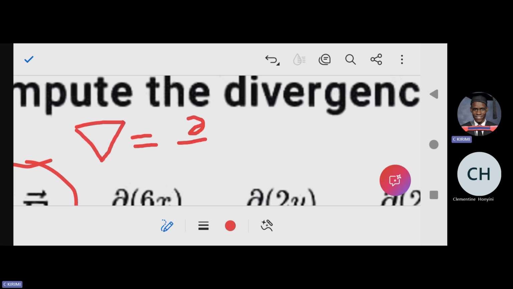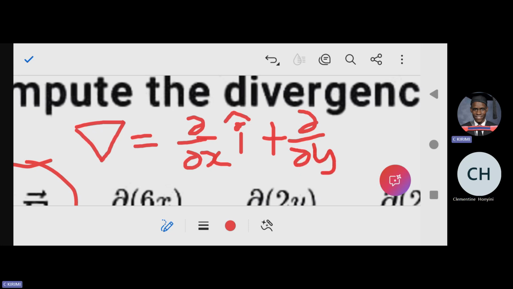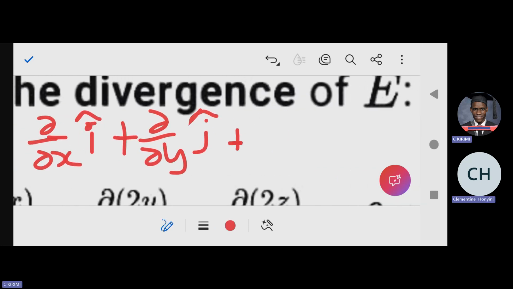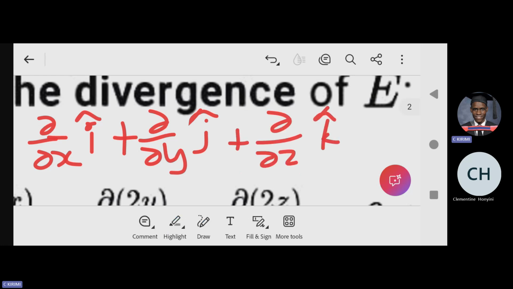Yes, partial x, and then there is an I, then plus the partial with respect to y in the J direction, then the last one, partial z in the K direction. So that is the meaning of grad.